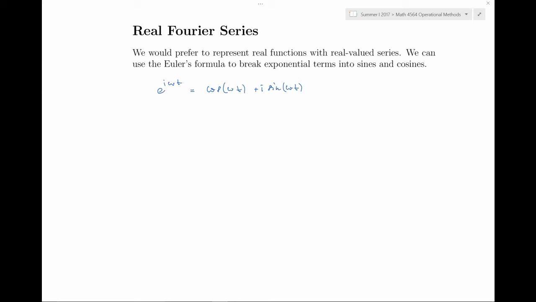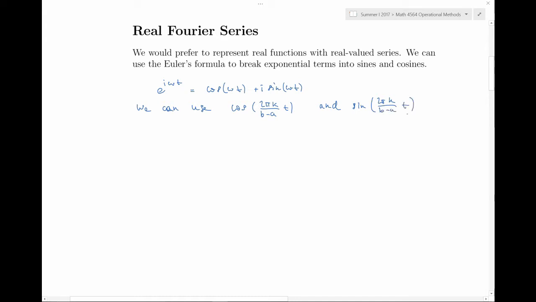So the proposal is that the functions in my Fourier series are cosine of 2 pi k over b minus a t, and the function sine of 2 pi k over b minus a t.